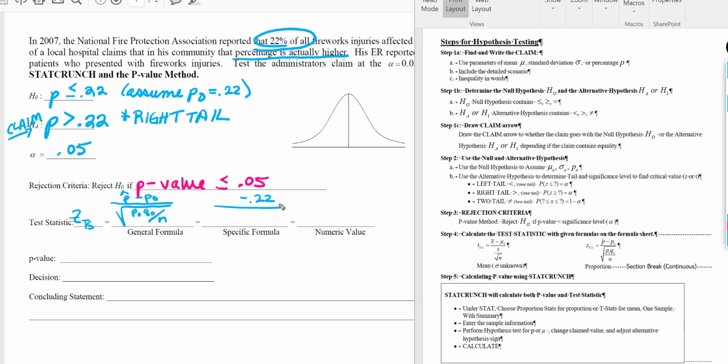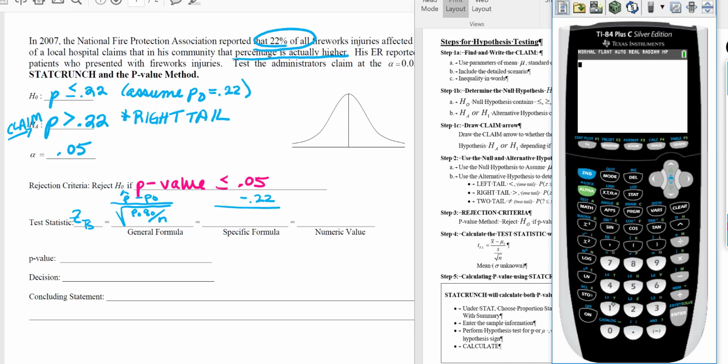On our calculator, 1 minus 0.22 equals 0.78. So we have 0.78 as our q sub 0. P sub 0 is 0.22, and q sub 0 is 0.78.